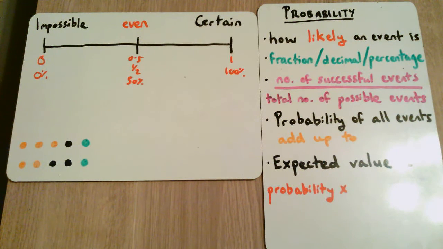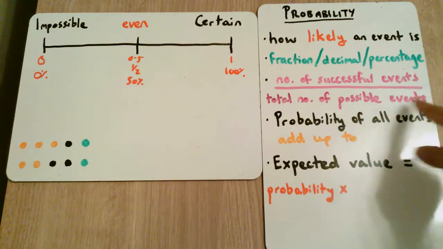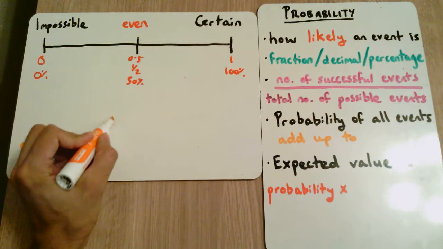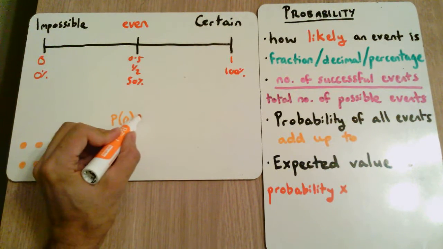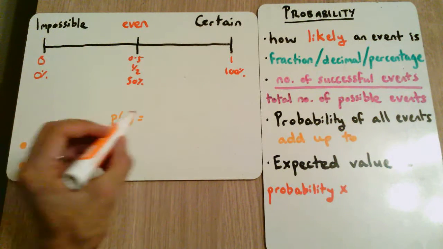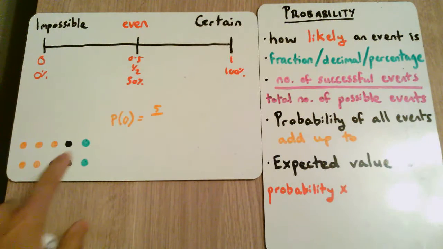Now, the way we calculate probability is using this little formula over here. The probability of an event, which we're looking at, refers to the number of successful events out of the total number of possible events. And this is where we can use this to our benefit. If I was to say, what is the probability of me picking one of these at random and choosing an orange one, the probability of getting an orange, we write with P brackets O, is equal to the number of successful events, where there are 5 possible successful events out of the total number of possible events, which is 10.